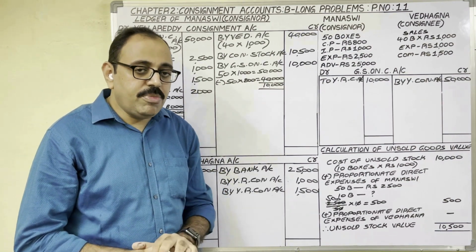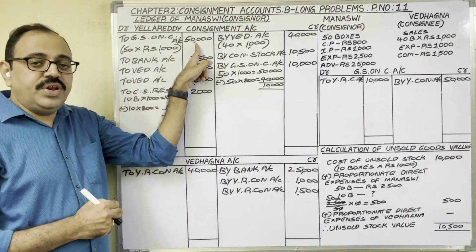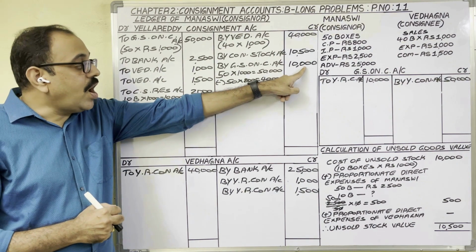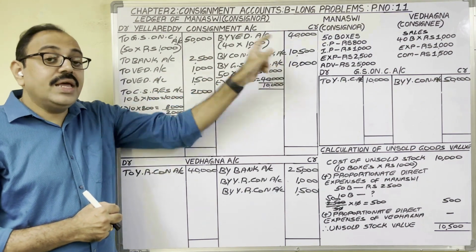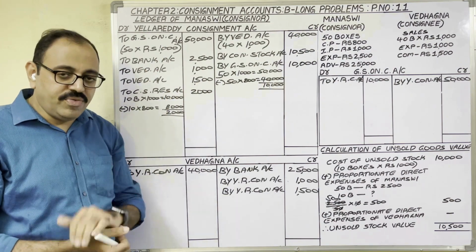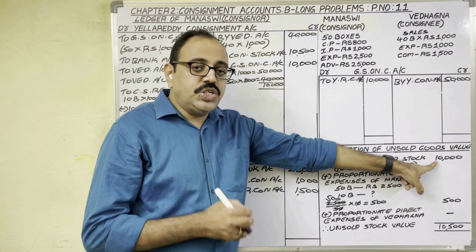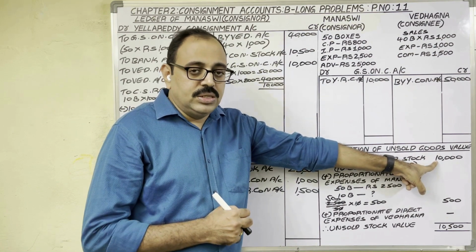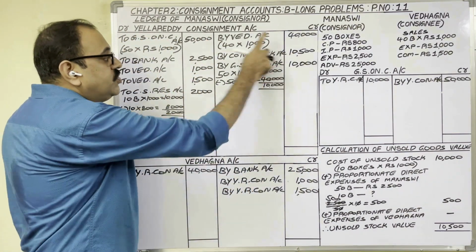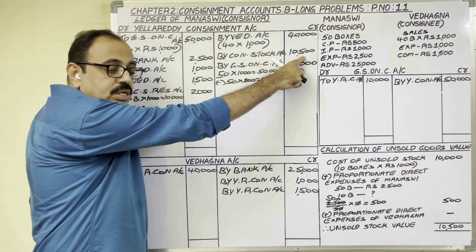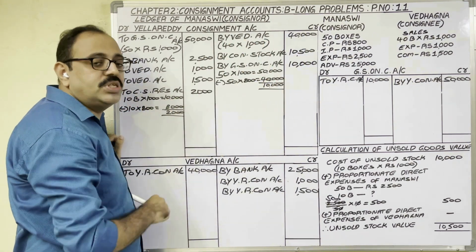Then which points you should remember? While writing goods sent on consignment entry, while writing unsold stock entry, you should write the entries at invoice price only. Point number 1. While calculating unsold stock value, instead of taking cost price, we should take invoice price only. As loading amounts we are writing on two sides, those loadings we have to cancel by writing the loadings on opposite side.